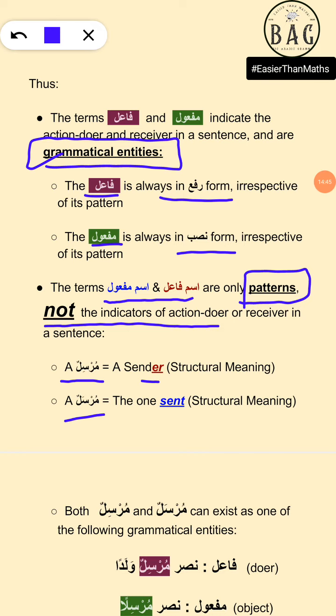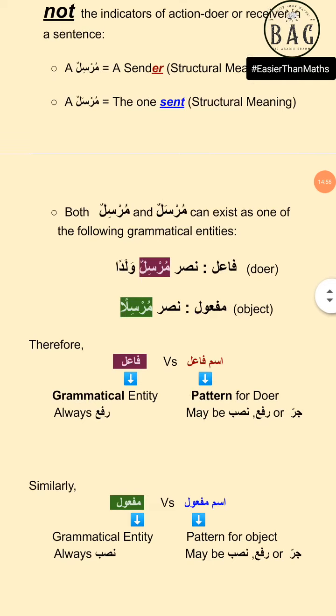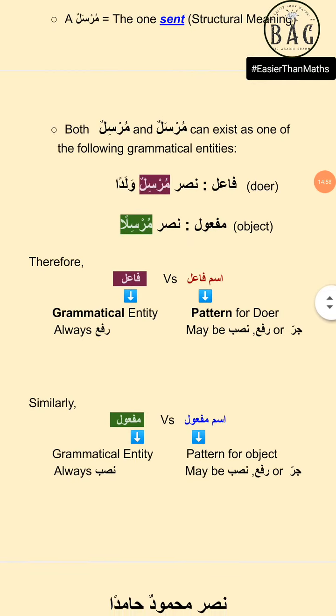Mursalun is your pattern for ism maf'ul, and it means the one who's been sent. These things have been demonstrated here, that both mursalun and mursalan can exist as one of the following grammatical entities.